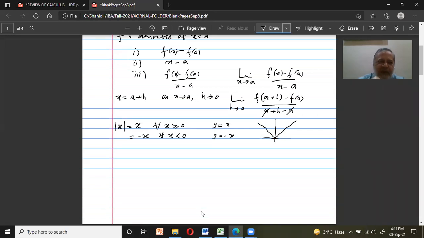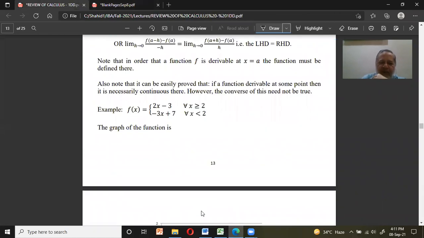So I have considered in this example a piecewise defined function where to the right of 2 and equal to 2, function values, yani y values, have to be calculated using this formula. When x is less than 2, y value has to be calculated using this formula. Are you familiar with these kind of piecewise defined functions? Yes, sir.